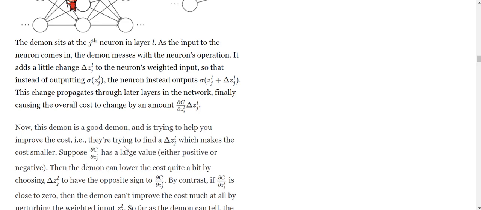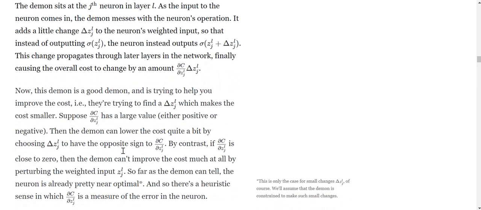So if you have a large positive value, then it will take a negative value and add it, so essentially it will bring this down. And if you have a large negative value, then it will choose a positive value of delta z_j^L. By contrast, if the partial derivative of C with respect to z_j^L is close to 0, then the daemon can't improve the cost much at all by perturbing the weighted input z_j^L.